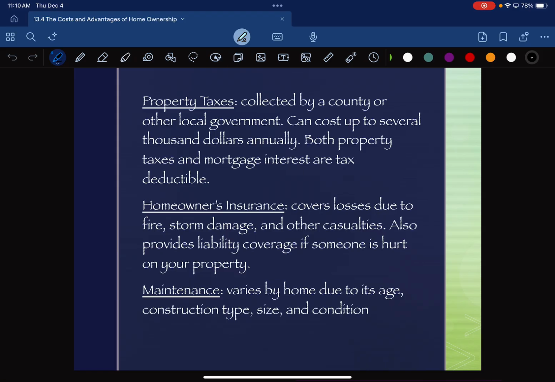Not only is it a good idea, but it's required by the mortgage lender. The bank requires that you have homeowner's insurance. Why would they do that? Why is that required? They technically own the house. And if it burns down, they want to make sure that somebody's going to pay for it.